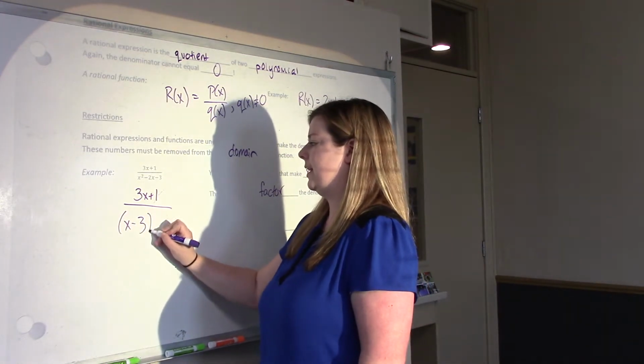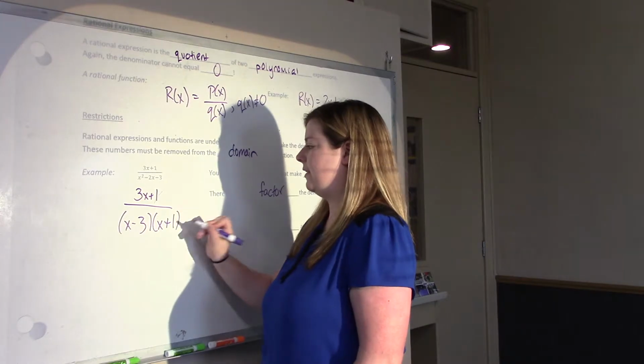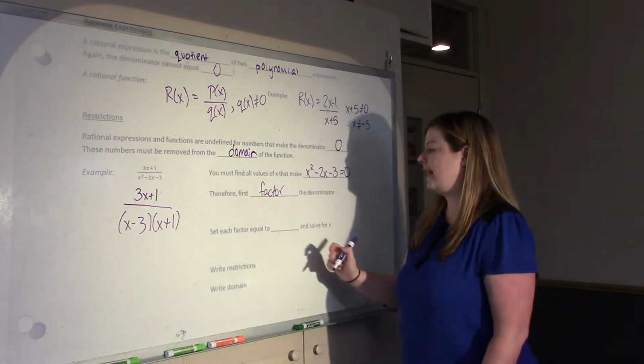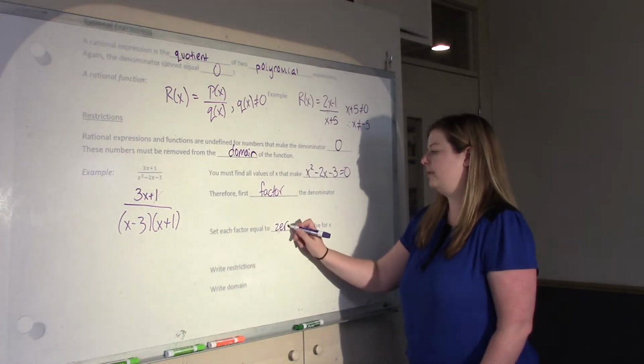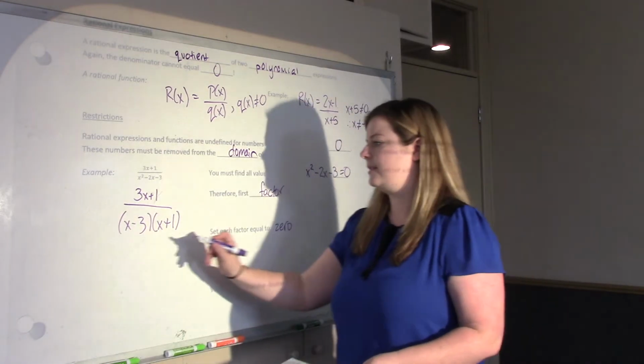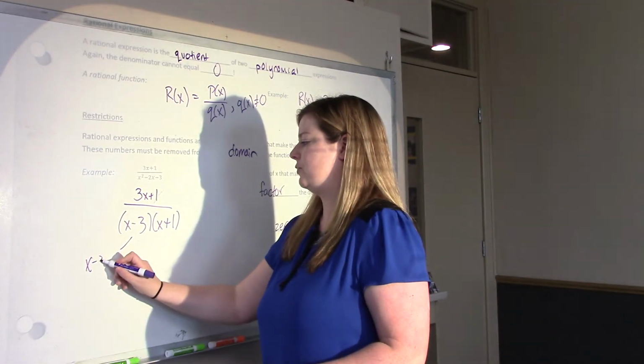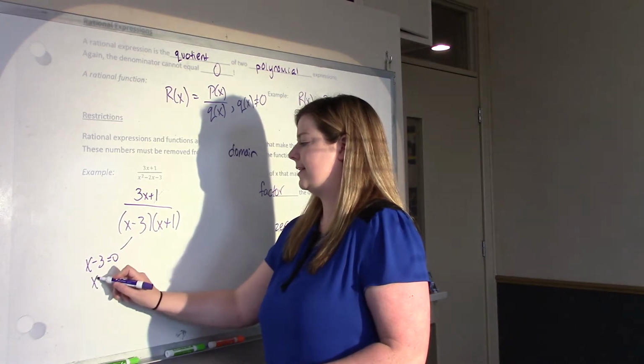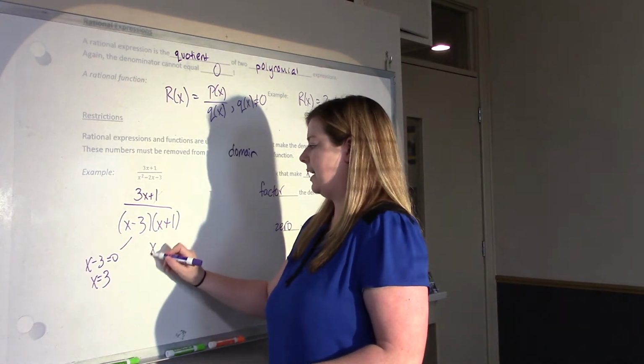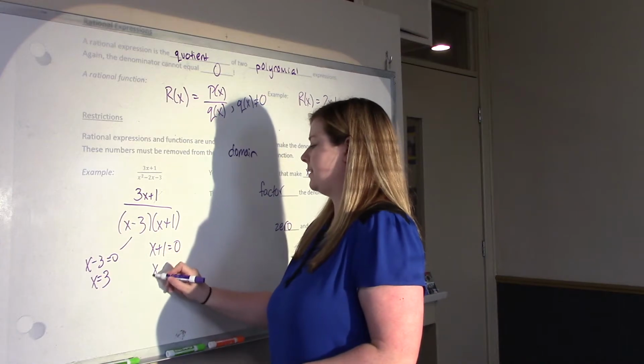So x minus 3 and x plus 1 fit that description. Then we set each factor equal to 0 and solve for x. So x minus 3 equals 0, so x equals 3, and x plus 1 equals 0, so x equals negative 1.